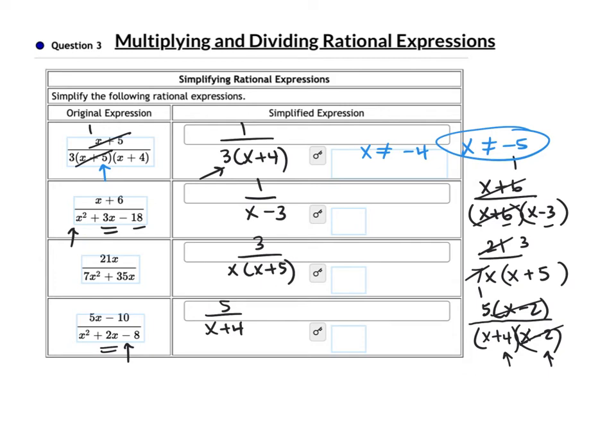For the next one, you could say that x couldn't be negative 6 and positive 3. Here, x couldn't be 0 or negative 5. For the last one, x couldn't be negative 4 or 2. At some point, we'll get a question that asks for restrictions. Just be aware of what a restriction is. A value that x cannot be because you'd be dividing by 0.